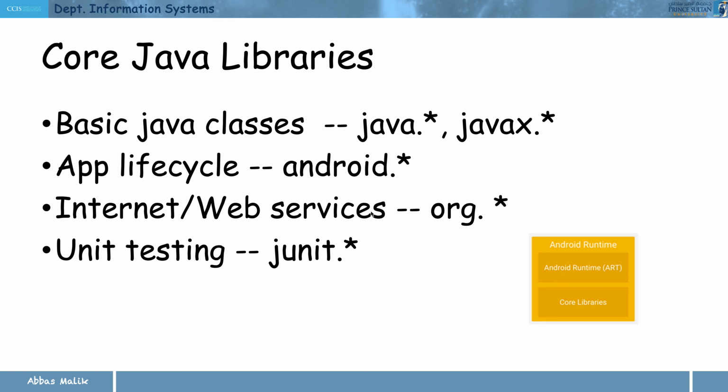And then how it converts the whole code or program into the application. We will talk more about the Android runtime, but these are the core libraries which are available in that architecture.